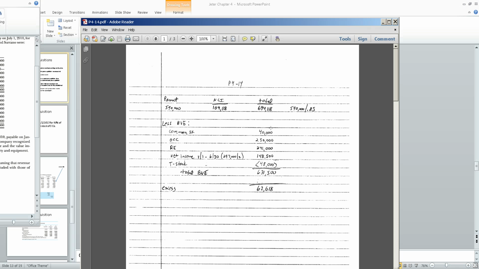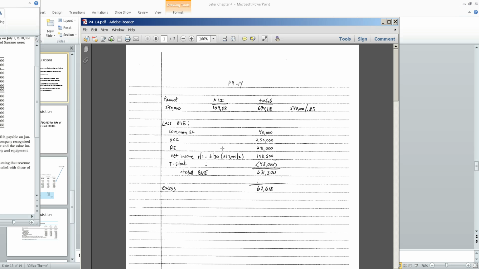The process of determining book value of equity here differs in two important material respects from what you've seen previously. We're still subtracting the sub's common stock, the sub's other contributed capital, and the sub's retained earnings.